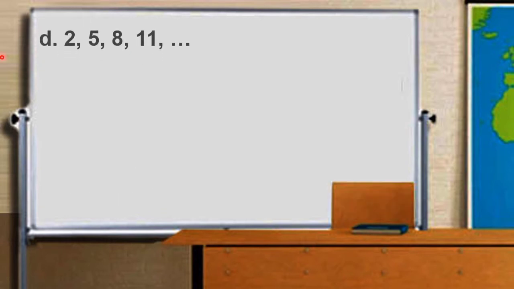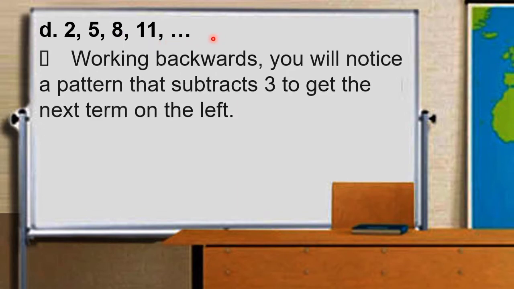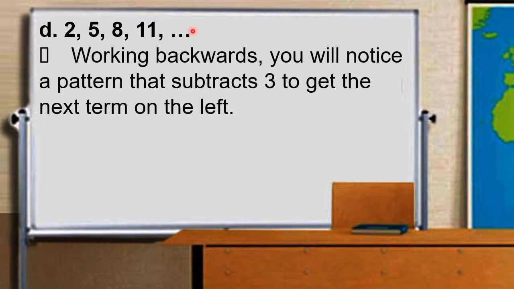Let's have our next example of sequence. We have letter D, 2, 5, 8, 11, and so on. So for this sequence, let us use working backwards. You will notice a pattern that subtracts 3 to get the next term on the left.